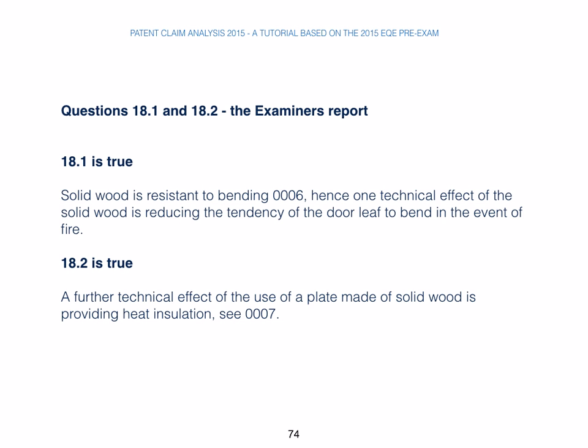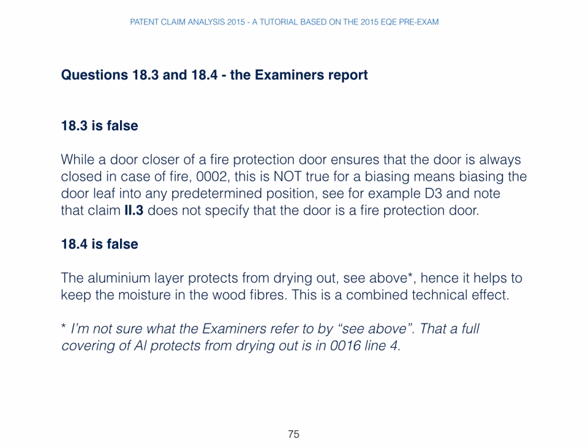Now we go to 18.3, the examiner's comments. Examiners explain that 18.3 is false for the following reasons. While a door closer of a fire protection door ensures that the door is always closed in case of fire, paragraph 2, this is not true for a biasing means, biasing the door leaf into any predetermined position.